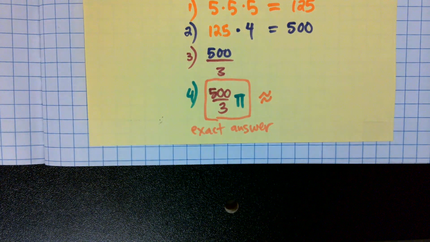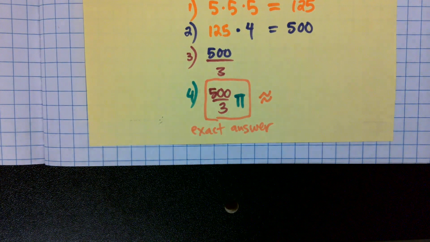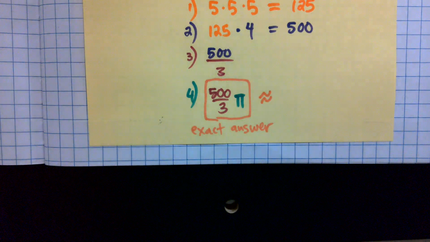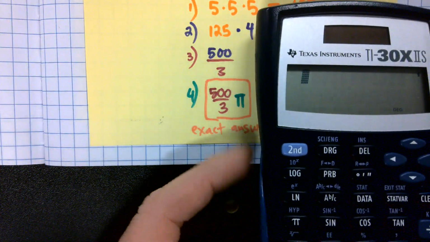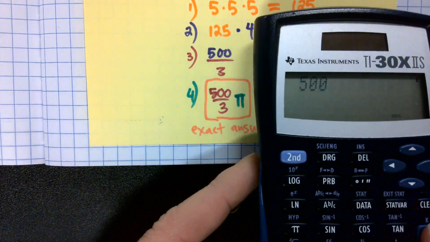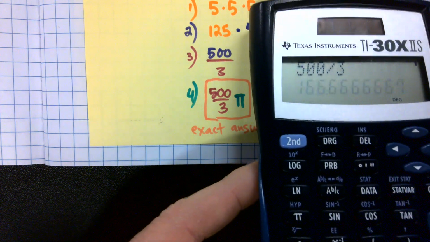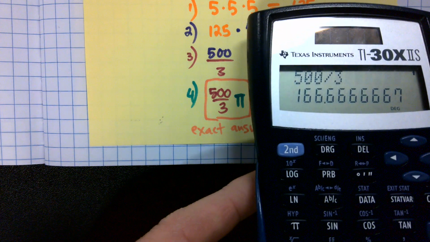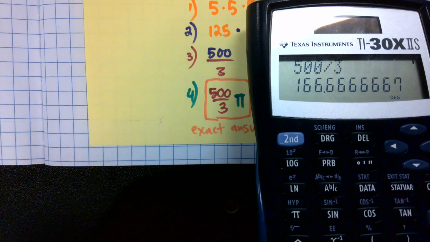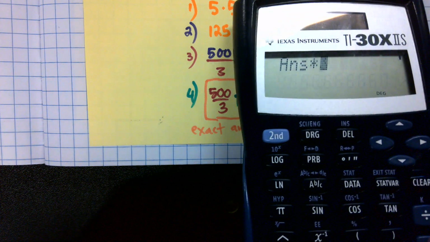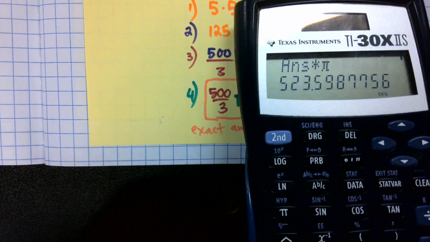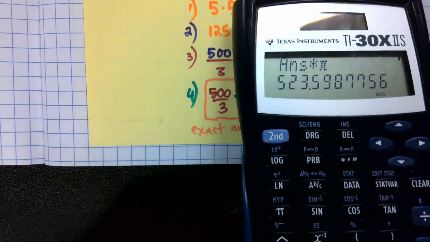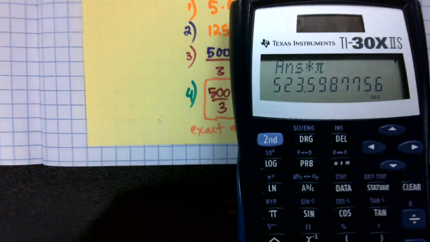Just like with any shape, now we want to find the approximate or estimated or rough answer for this volume. So here's what I'll do. Just like before, 500 divided by 3 gives me this long repeating number. I'm going to hit times pi, and that gives me 523 point what? 60.